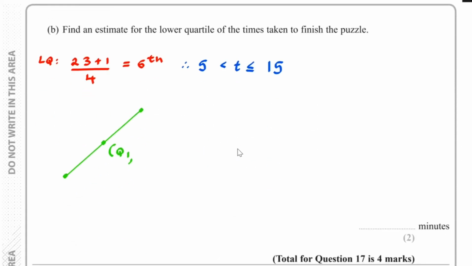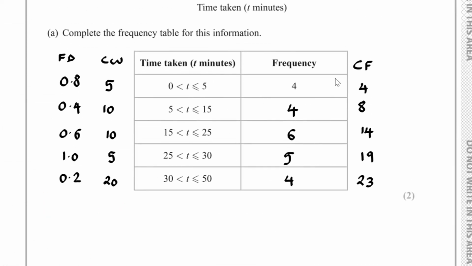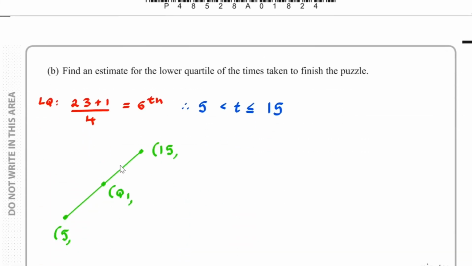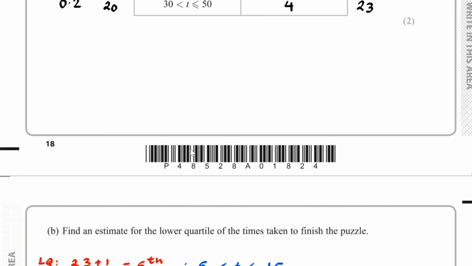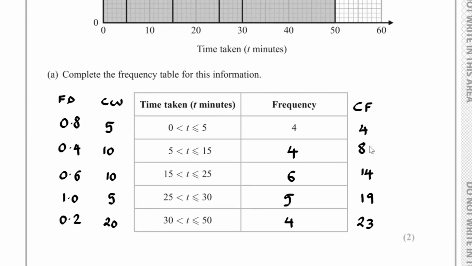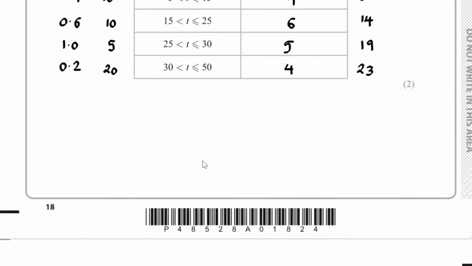We've got 5 to 15. Now, we can see from the table there are 4 pieces of data which are 5 or less. So 4 goes here. And for 15, we can see that there are 8 pieces of data 15 or less.